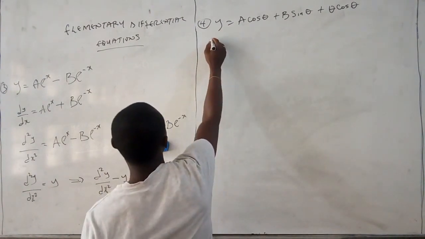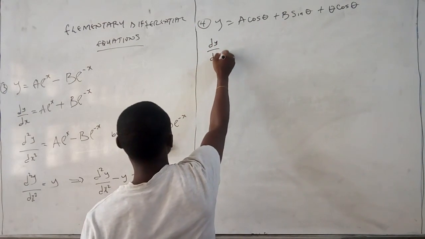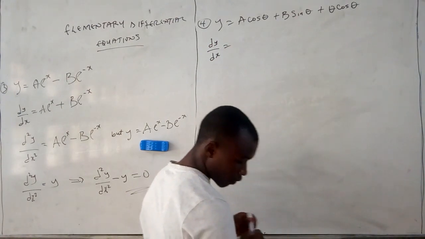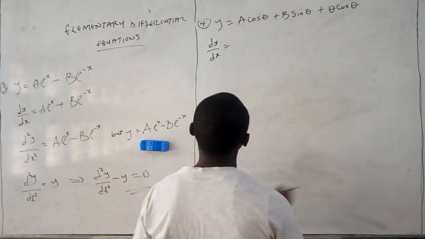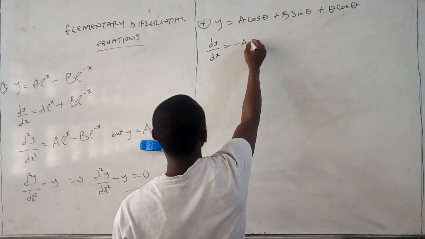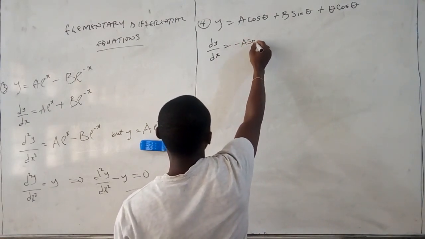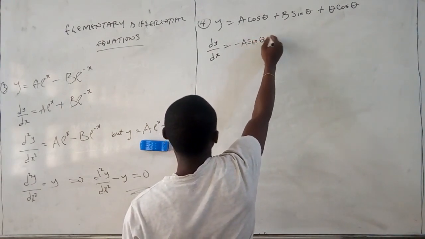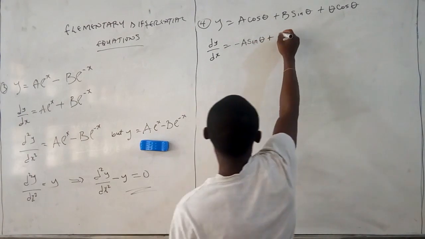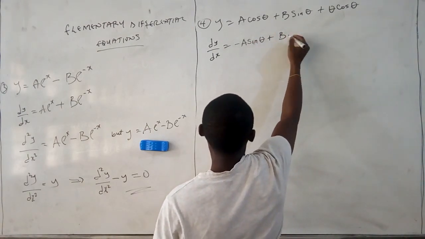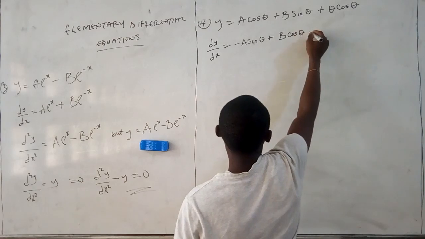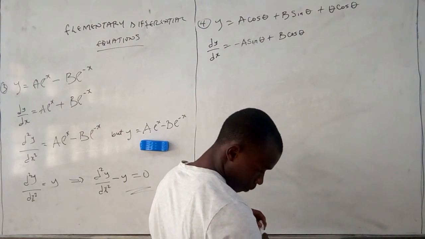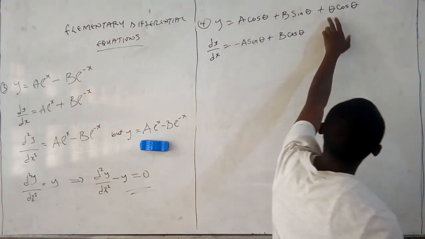First thing, you take your first derivative, dy d theta. Derivative of cos theta is minus sin theta. So you have minus A, your constant, minus A sin theta plus B. Derivative of sin theta is cos theta. Now up to the last term, theta cos theta.